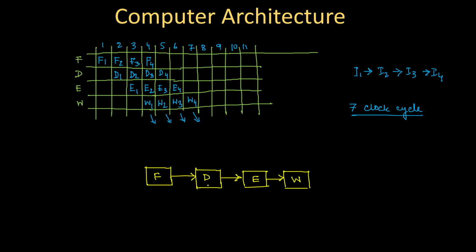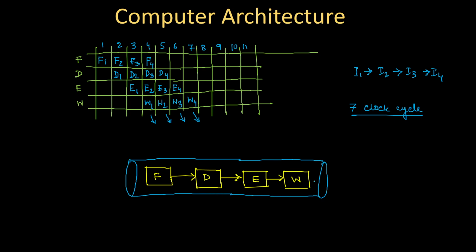If you try to cover this within something, I can draw a situation something like this: assume that we have a pipe, and within the pipe we have these 4 stages, and there is one person standing here who is inserting some instruction, and there is one more person standing here who is watching the output.